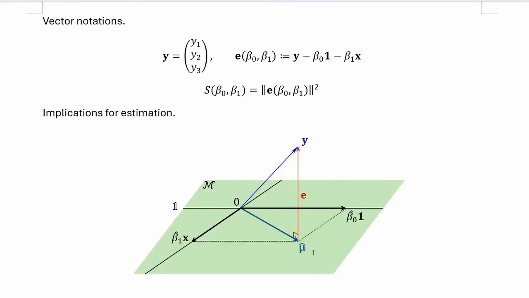Be careful that this mu hat, the fitted mean response, has no a priori reason to equal the true mean response. This is just another vector in the plane M. And now, after mu hat is found, we can find its coordinates relative to the bases 1 and x for the subspace M. The coefficients, or the coordinates, beta naught hat and beta 1 hat, are the estimated coefficients in the least squares line.